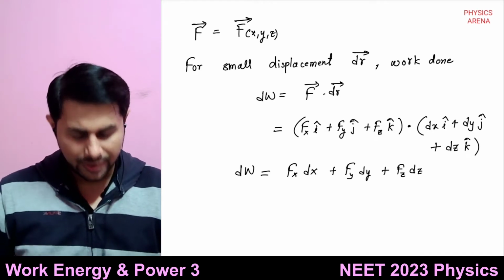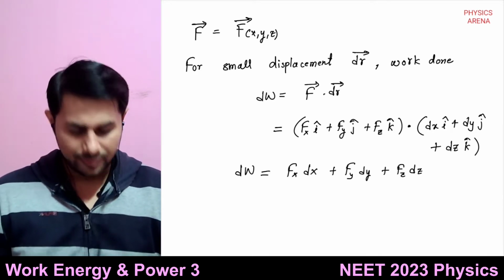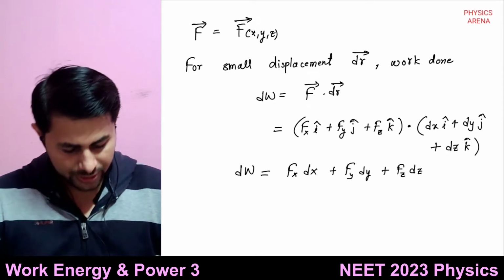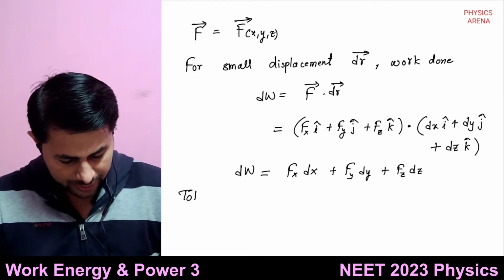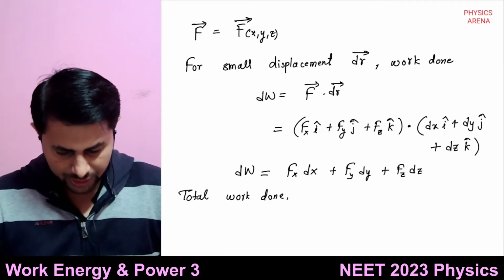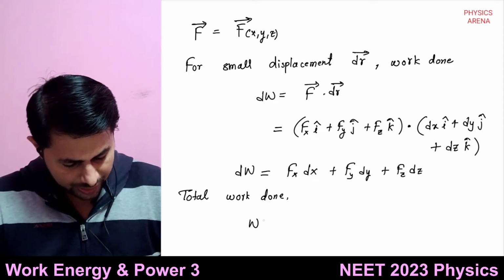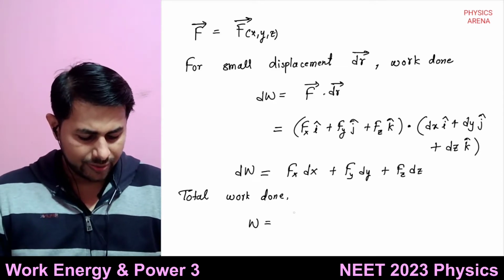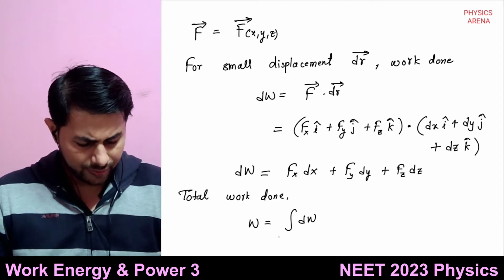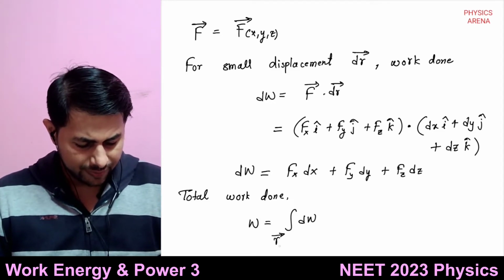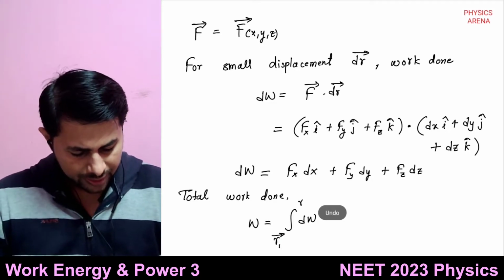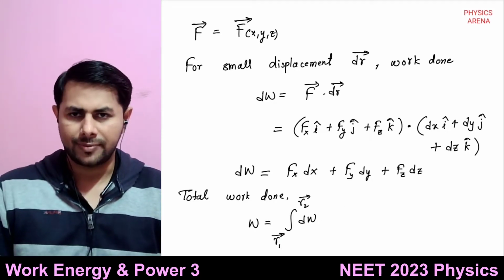And your total work done from some initial position to final position, W, is equal to the integral of dW, we know, from R initial, or let's call it R1, to R2 bar.